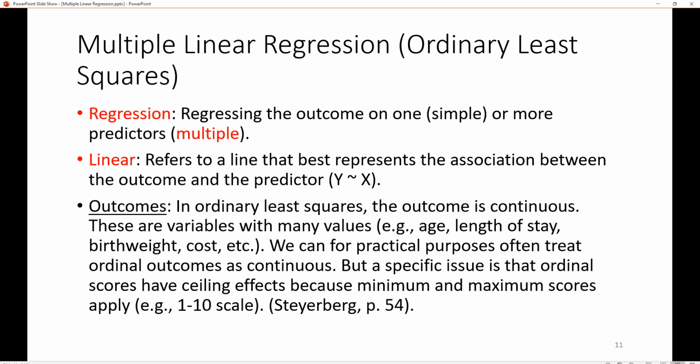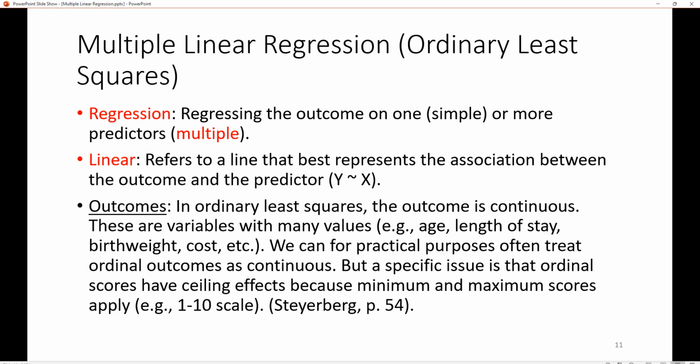So for regression, we're regressing the outcome on one or more predictors. If it's one predictor, we call it a simple linear regression. If we have multiple predictors, that's why we call it a multiple linear regression. And so the linear part refers to a line that best represents the association between the outcome and predictor.